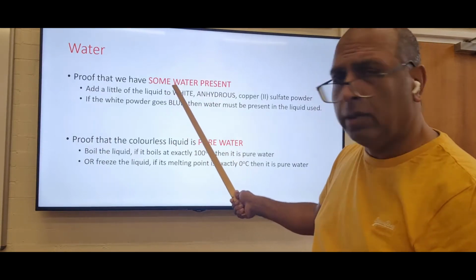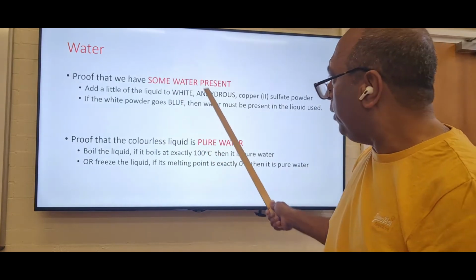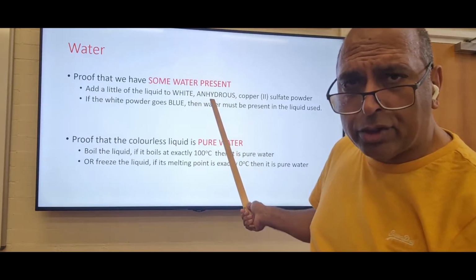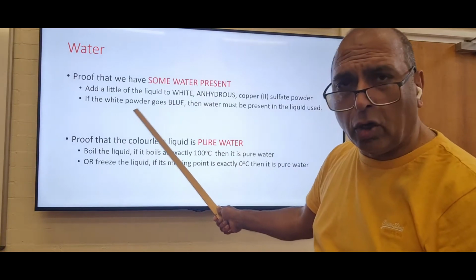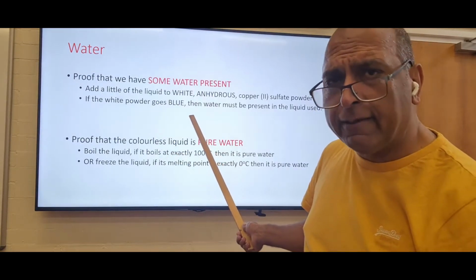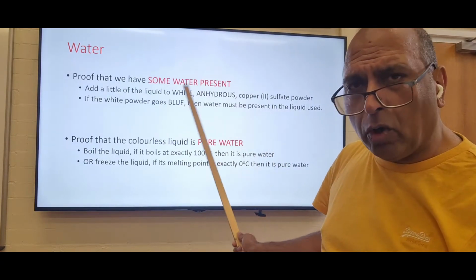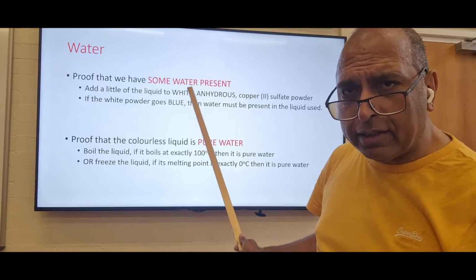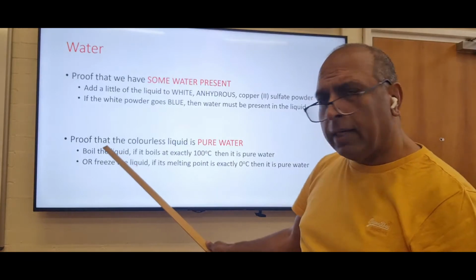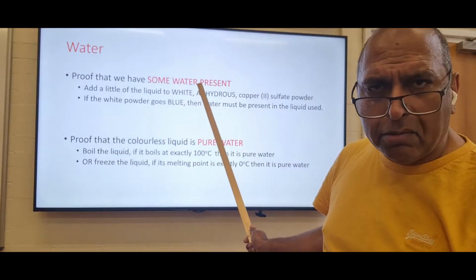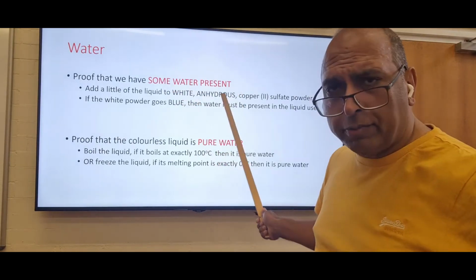And when you put your chemical that you think may have some water in it with this white anhydrous copper 2 sulfate, then we see the white colour go blue only if there is water present. Without water, it won't go blue. I've talked about this test in previous videos, and I've demonstrated it. Now, that will work. Say we've got impure water. That will work. That's the some water present test.